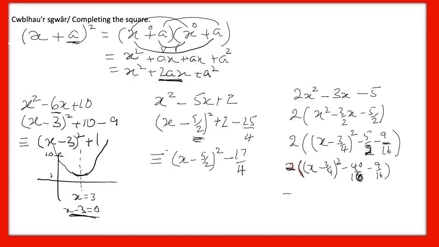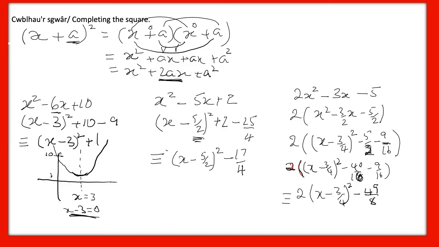So this would actually be exactly the same as 2 bracket x minus 3 over 4 all squared. I've got minus 40 minus 9, which is minus 49 over 16, but then I'm going to multiply by 2, so minus 49 over 8.